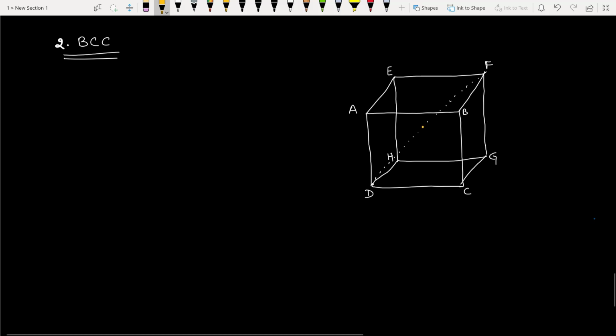One atom is present at the center of the cube. Next atom is at corner F and corner D.